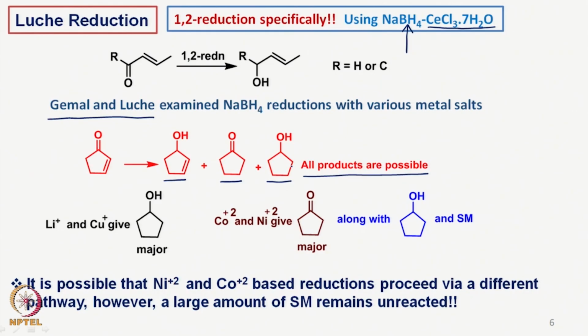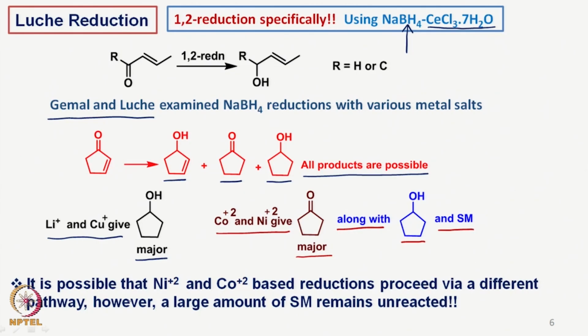Lithium and copper were found to give the completely reduced product as the major product, and if one uses cobalt and nickel salts along with sodium borohydride, they give the saturated ketone as the major product along with saturated alcohol, and of course a lot of starting material remains unreacted.